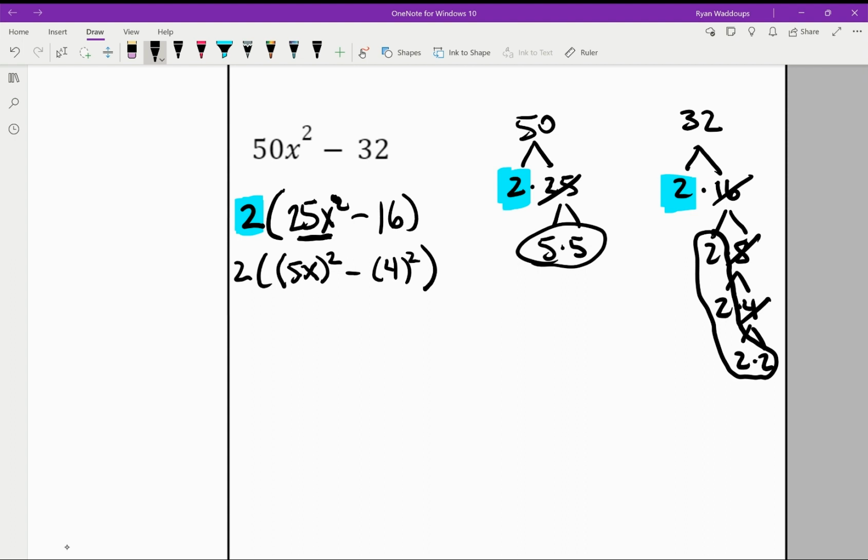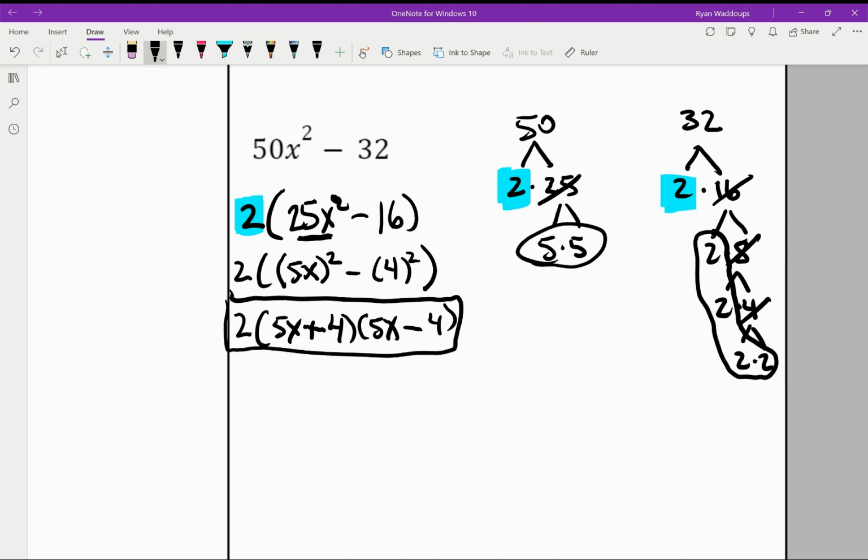And now I know what my a and my b values are. I can write 2 times 5x and 4 and 5x and 4, and put a plus and a minus. And now this is completely factored. So that would be my answer if I was asked to factor this thing completely.